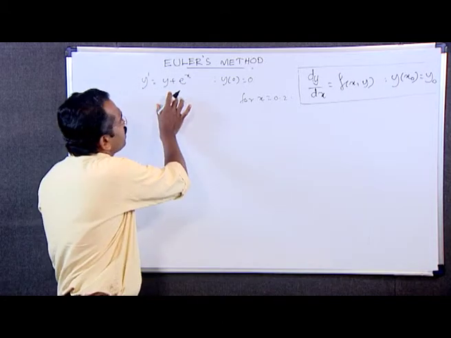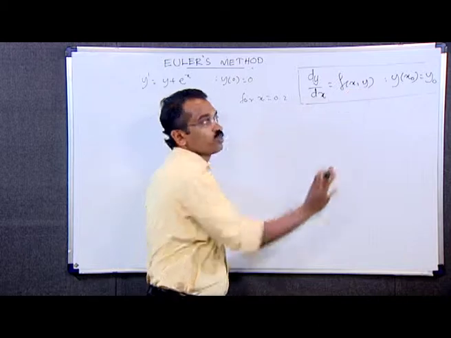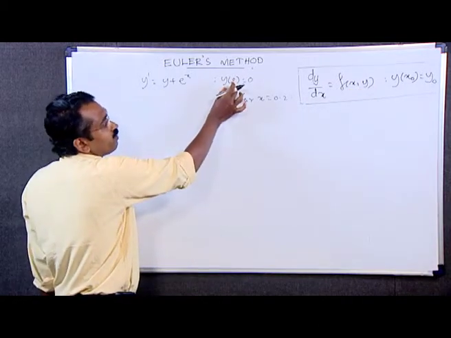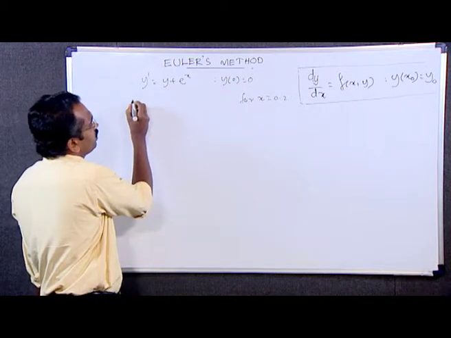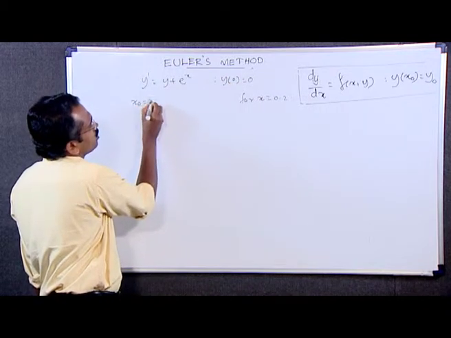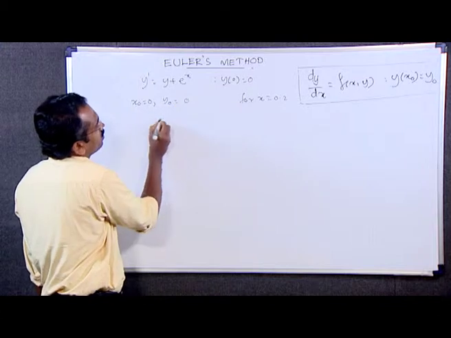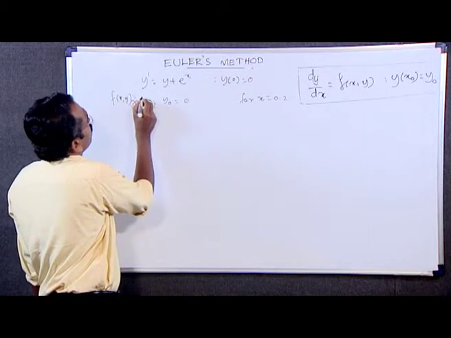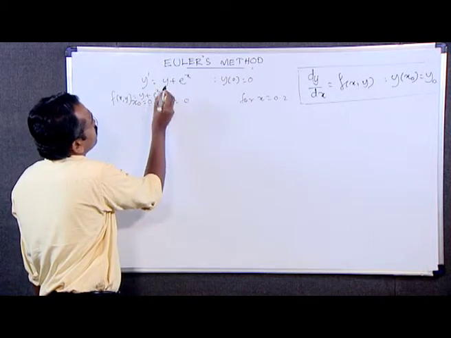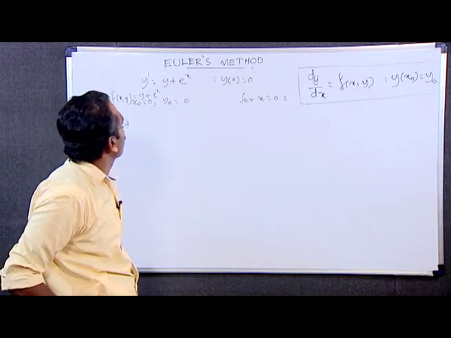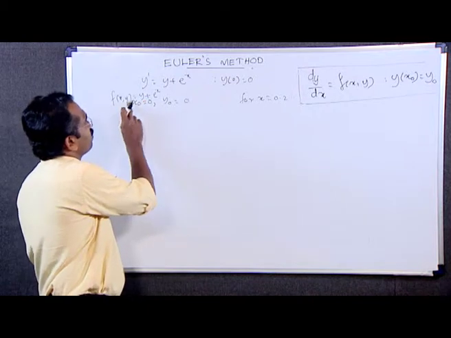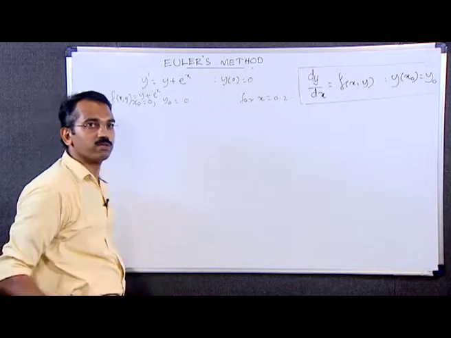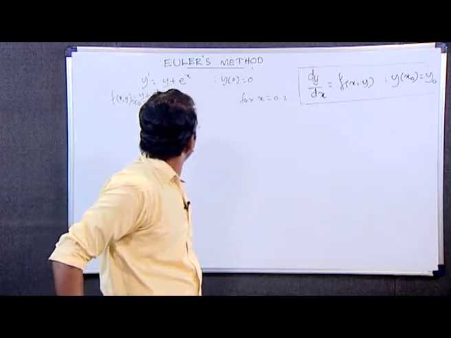The given differential equation is of the form dy by dx is equal to f of x y. Here y of 0 equal to 0, which means that x naught equal to 0 and y naught equal to 0. Here f of x y is y plus e raised to x, that is the second coordinate plus e power the first coordinate, which is our function f of x y.